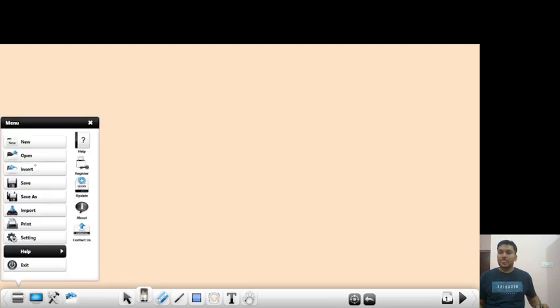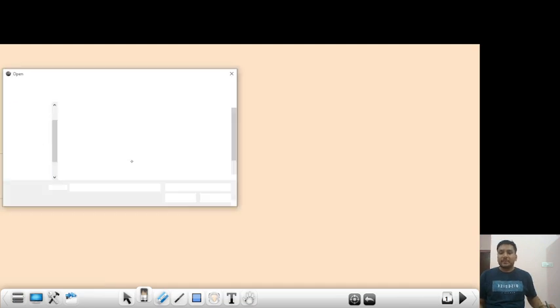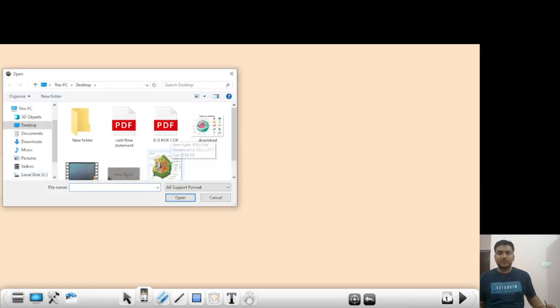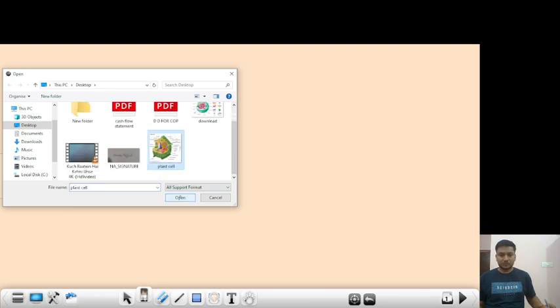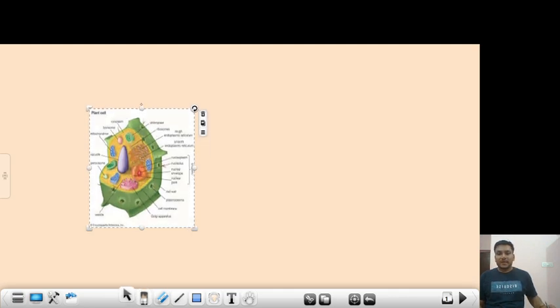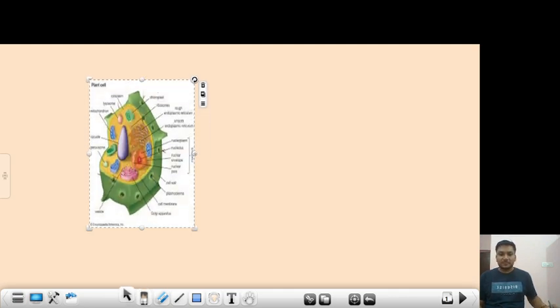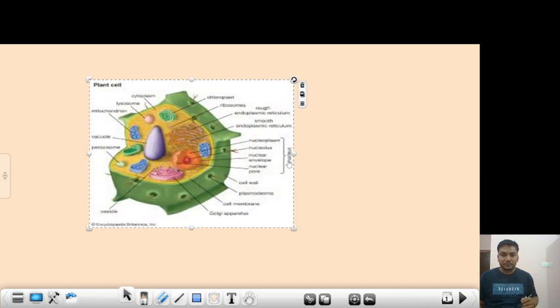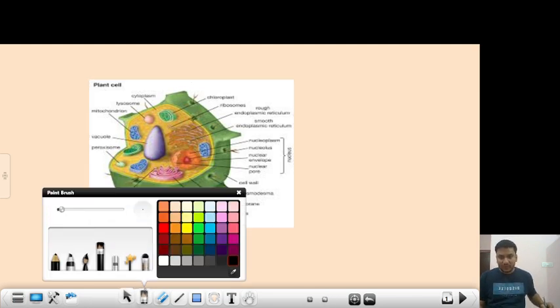So, first of all, we will look into the diagram of a plant cell. So, here is the diagram of a plant cell. As you can see in the diagram, there are various things.